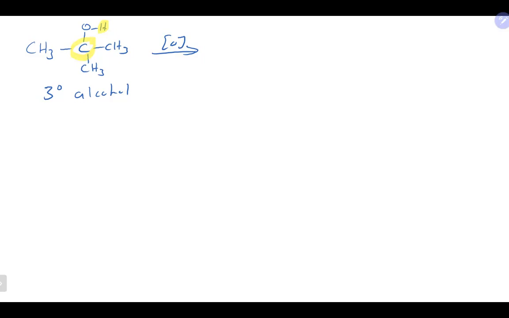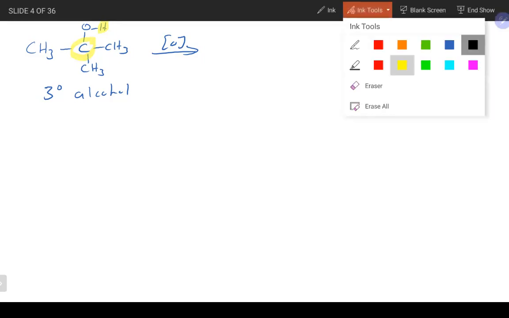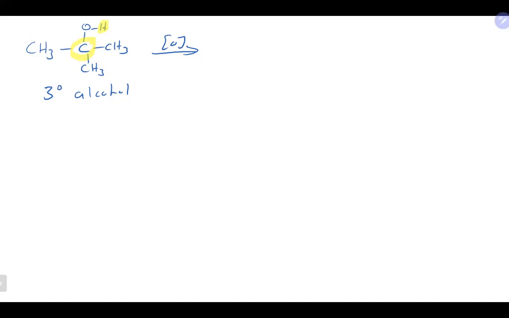There are no hydrogens there, and that's a problem because for this reaction to take place, you need a hydrogen. So there's no hydrogen there. And that means that tertiary alcohol will not go through an oxidation reaction, so no reaction will basically occur.